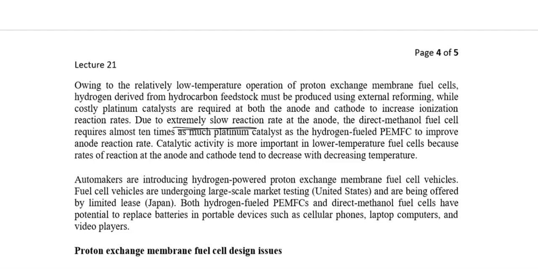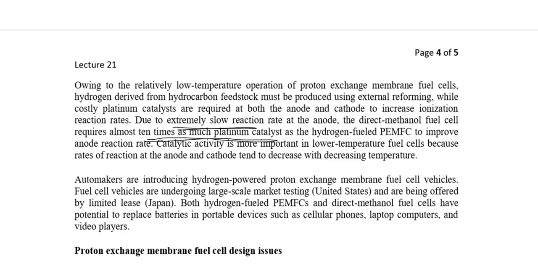We would need 10 times more platinum catalyst than normal when we are supplying hydrogen. So the fuel cell itself would be quite expensive. Although the direct methanol fuel cell looks like it would not need external reforming, the catalyst used is one of the biggest challenges we have.